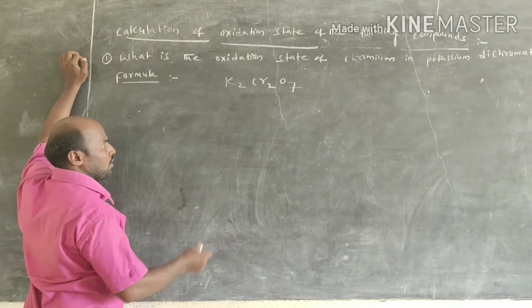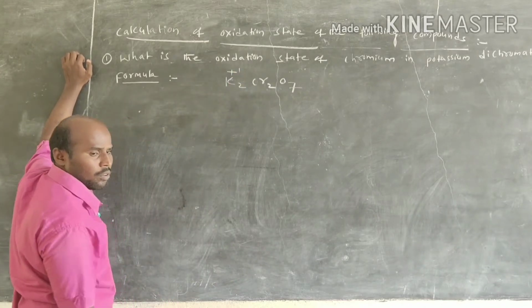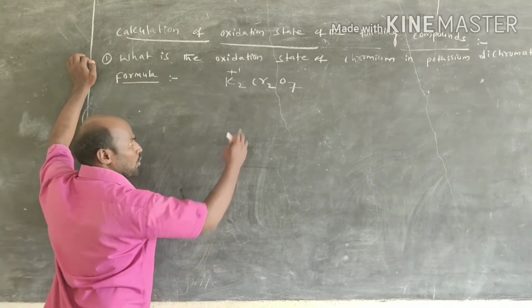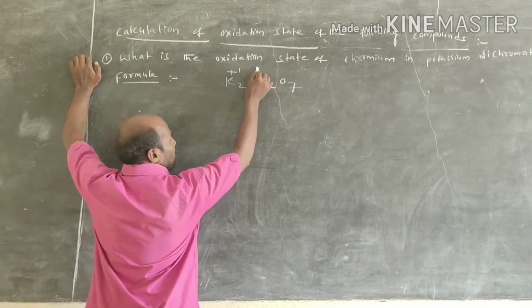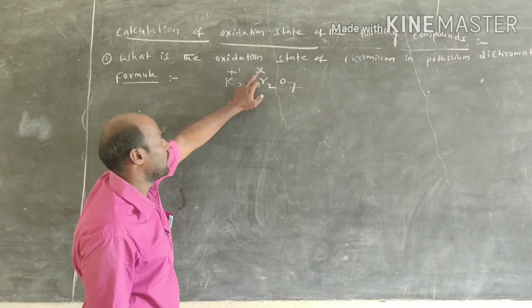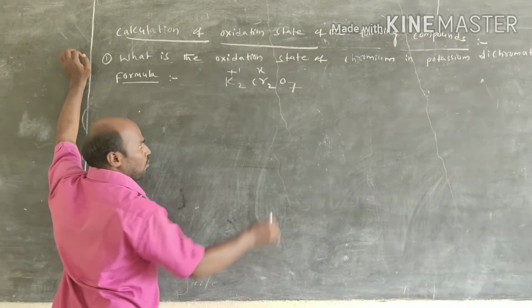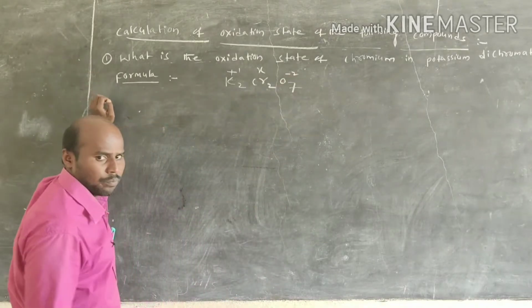First of all, what is the charge of potassium? The charge of potassium is +1. To find the oxidation state of chromium, which we don't know, we call it X. What is the charge of oxygen? The charge of oxygen is -2.